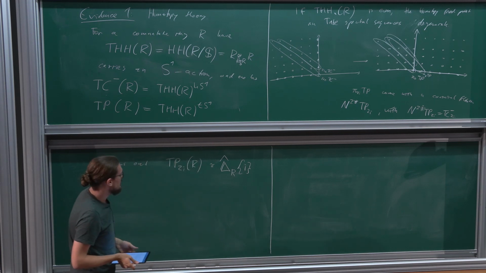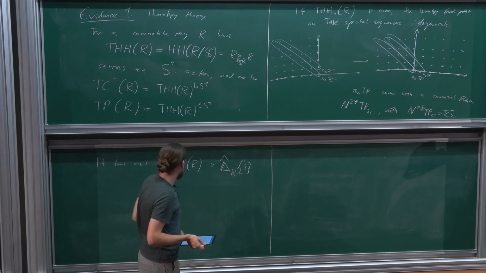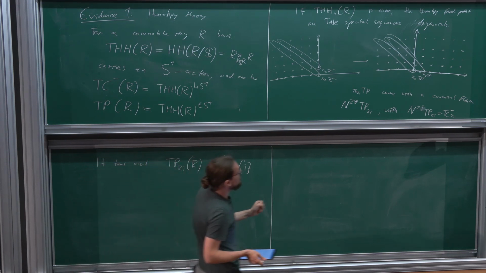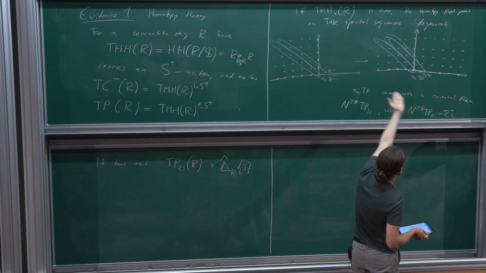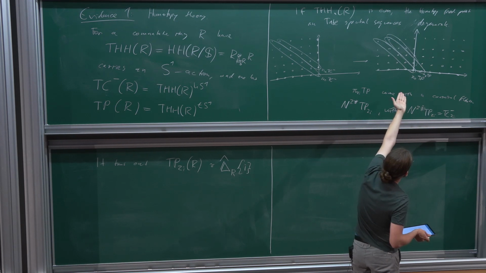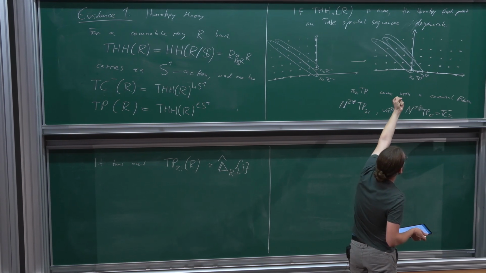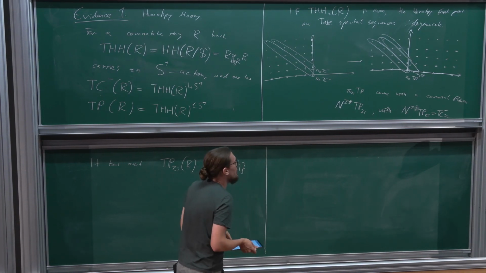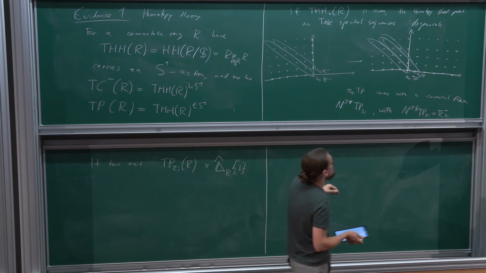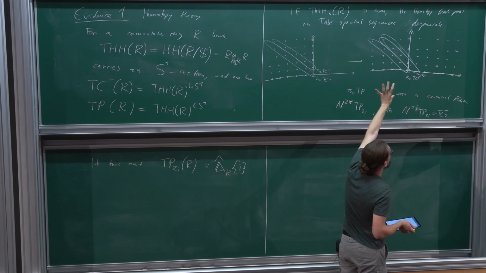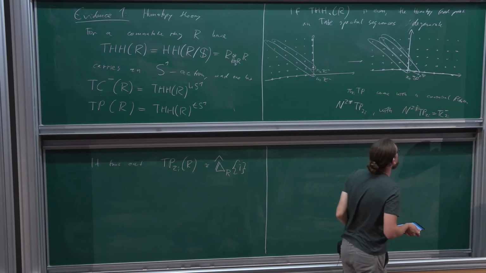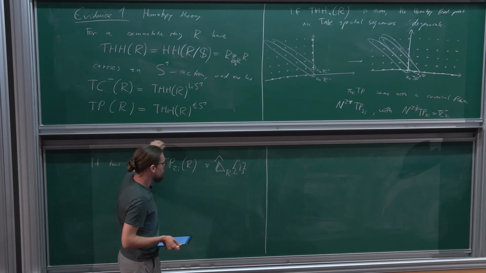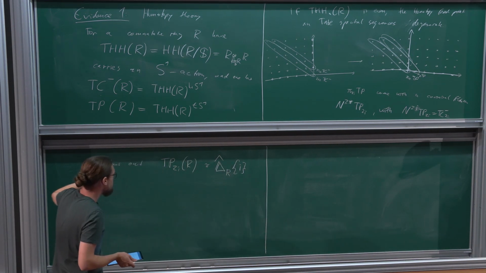And this is with Breuil-Kisin twist i, because it turns out, even though the E2 page of the spectral sequence is periodic, the homotopy groups of TP are actually not periodic. They're somehow only weakly periodic in the sense that pi 2 is some invertible module that the others are tensor powers of. So there's some kind of twist involved, and that's what the Breuil-Kisin twist does on that side.